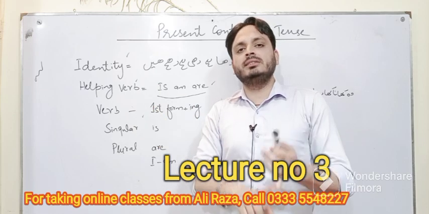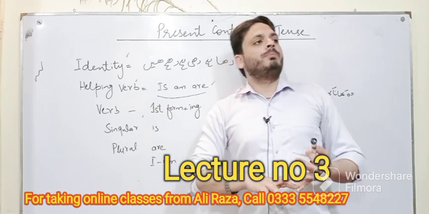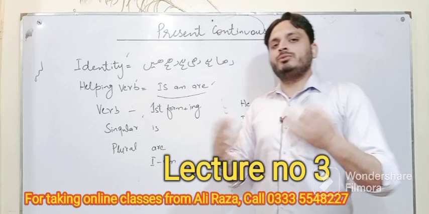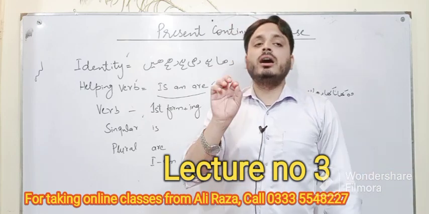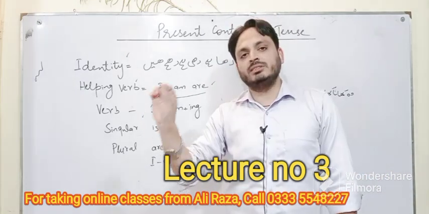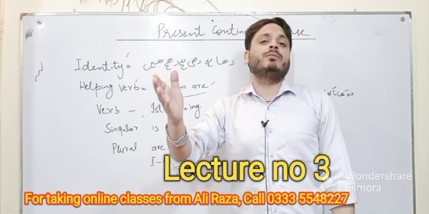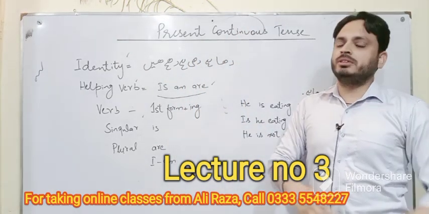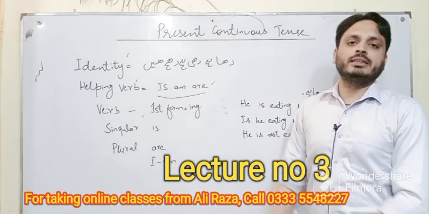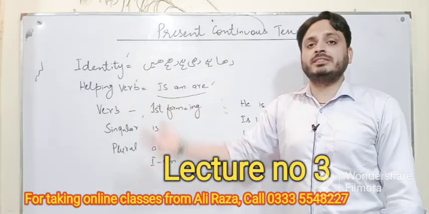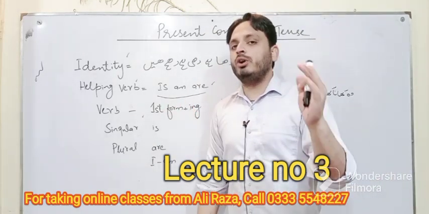Either this is present continuous, present perfect continuous, future perfect continuous, and so on. Exceptionally, in passive tenses, because in all the passive tenses we have to use third form of verb regardless of ing or continuous tense. Either this is present continuous passive, you will have to use third form of verb.